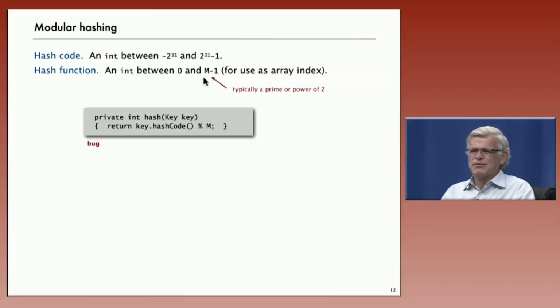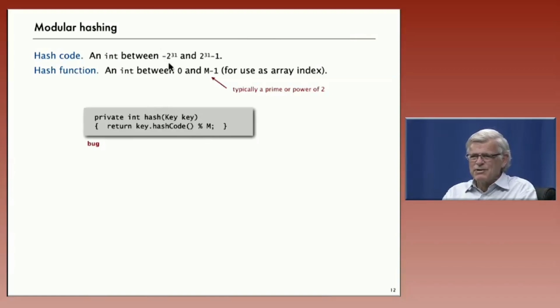The value of m is maybe a power of 2, or sometimes we pick a prime. The way that we normally would get the big hash code value down to a number between 0 and m minus 1 is to just do mod m. And if m is a prime, then from modular arithmetic we know that we're using all the bits in the number at that point too.